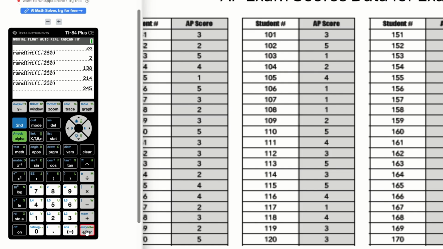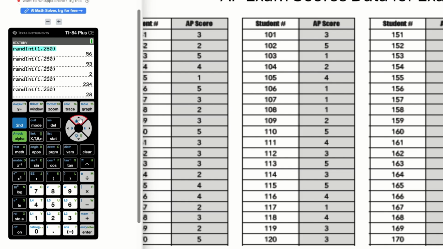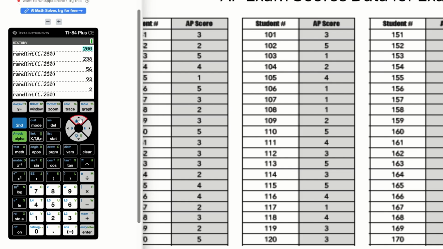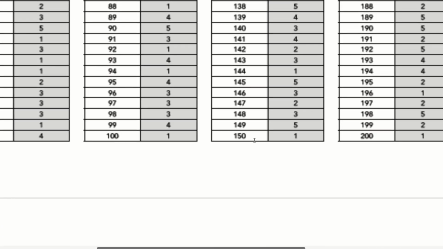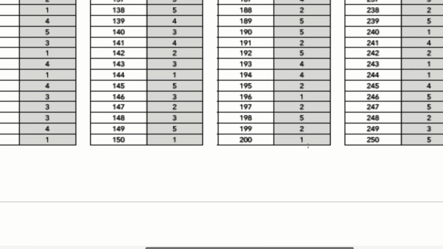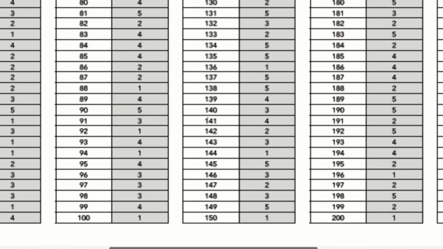Let me double check the data here. Now that we have our numbers, we can select our data points. The 200th student has an AP score of 1. I'll list these results on the other page.